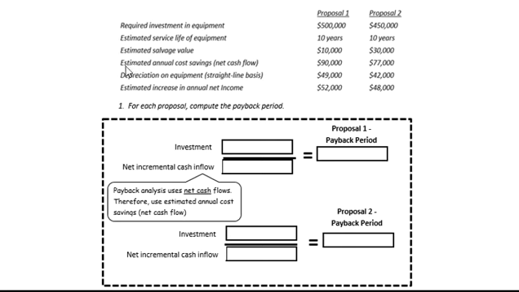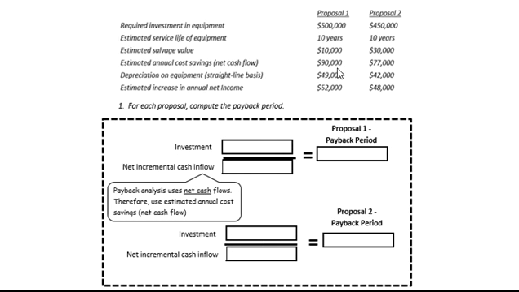Now in this case, we have a line called estimated annual cost savings. What that means is we're able to reduce our expenses, and therefore, if we can reduce our expenses, we can increase our net cash flow. So this is the same thing as saying an increase in net cash flow.